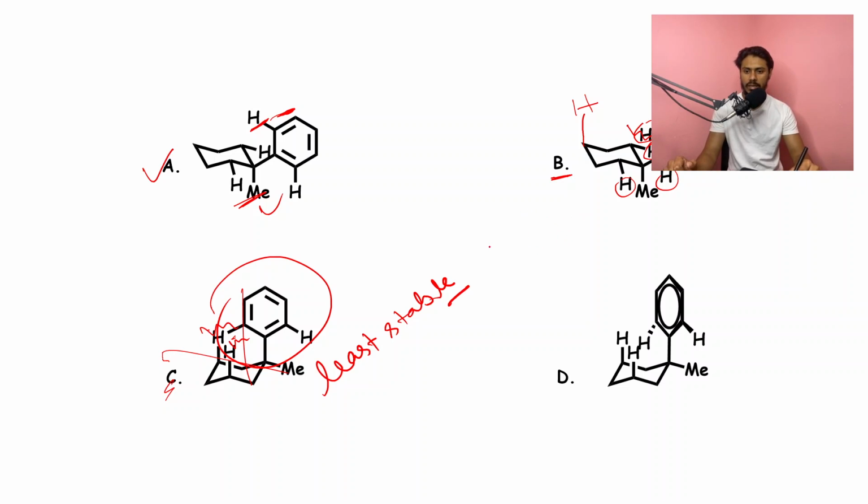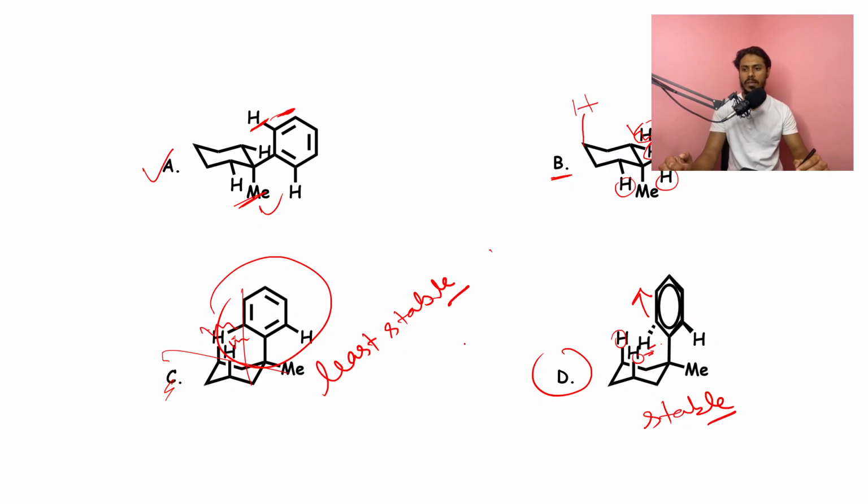For isomer D, you can see there is no such interaction because this hydrogen is now below the plane. This phenyl ring is rotated, and that's why it is not facing these hydrogen atoms. So this is quite stable.